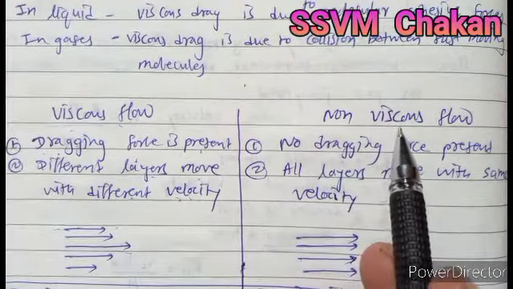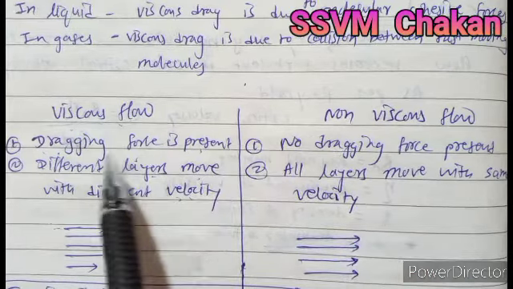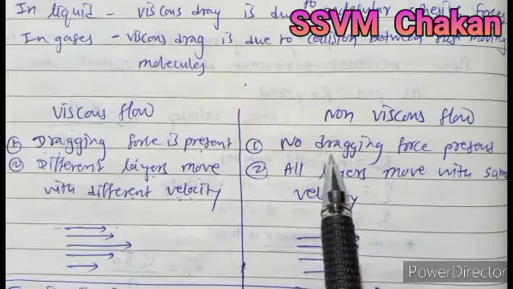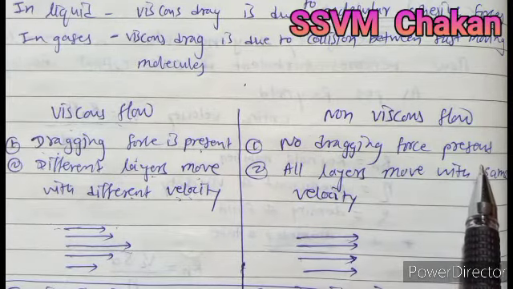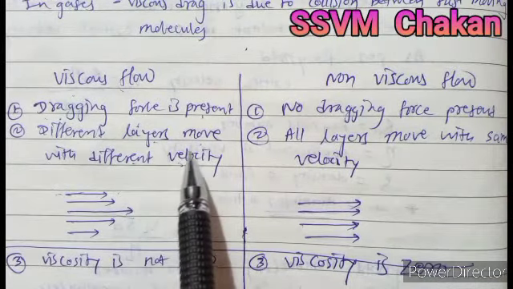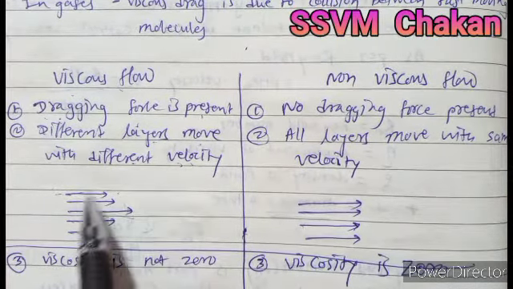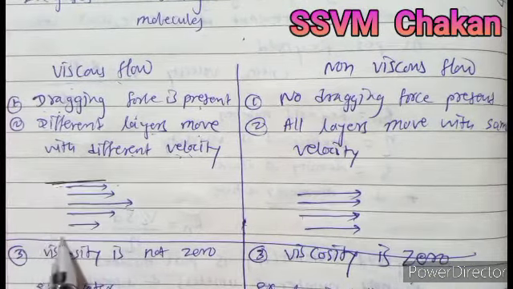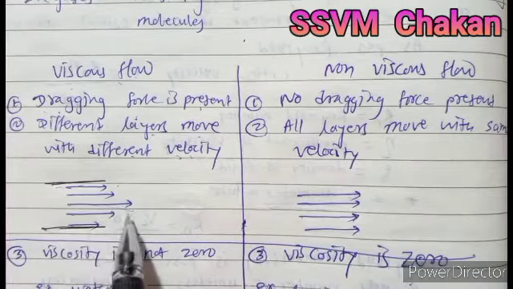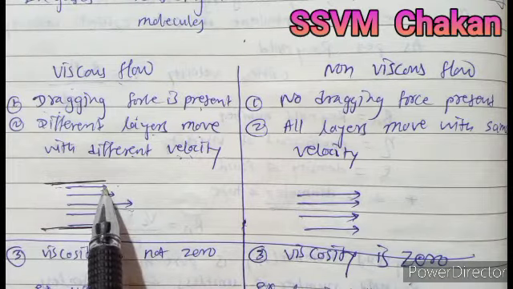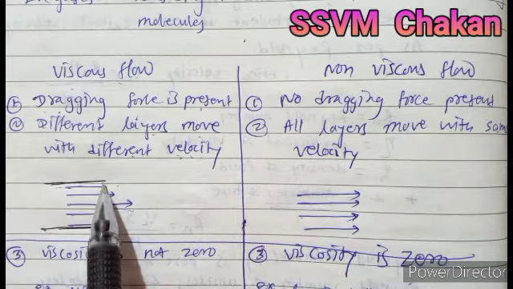Viscous flow and non-viscous flow. We see the difference between them. In a viscous flow, dragging force is present. In non-viscous flow, dragging force is not present. In viscous flow, different layers move with different velocities, just like shown in the figure. This is a pipe, and in the pipe, the flow of water is shown. The middle layer moves with faster velocity than the layers close to the inner surface of the pipe.